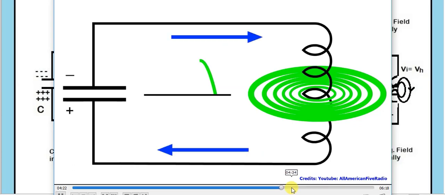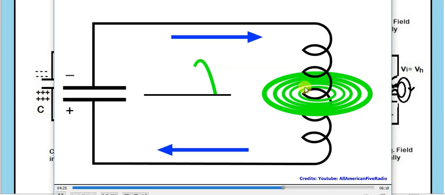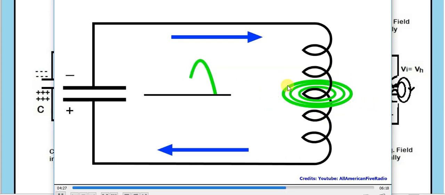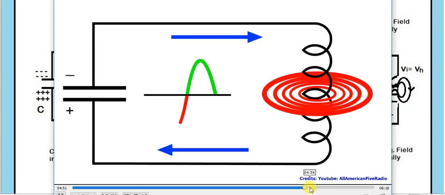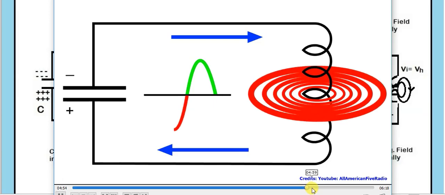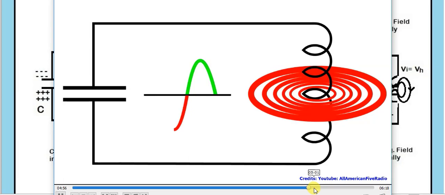The collapsing will cause a reduction in the induced voltage here, but over there the charging in the capacitor, and then it goes to 0. It is completely charged. Now the discharge will take place from this side, which will again cause an expanding magnetic field, but now in the opposite direction to the previous one. So this AC cycle is also being explained over here, how this DC energy is causing the AC cycle.